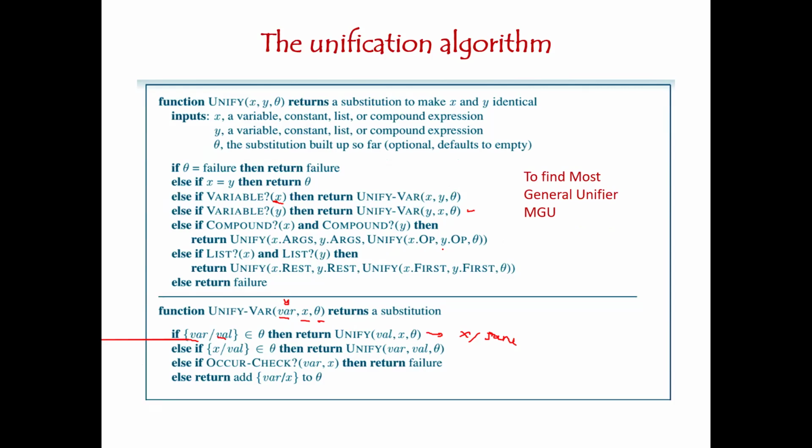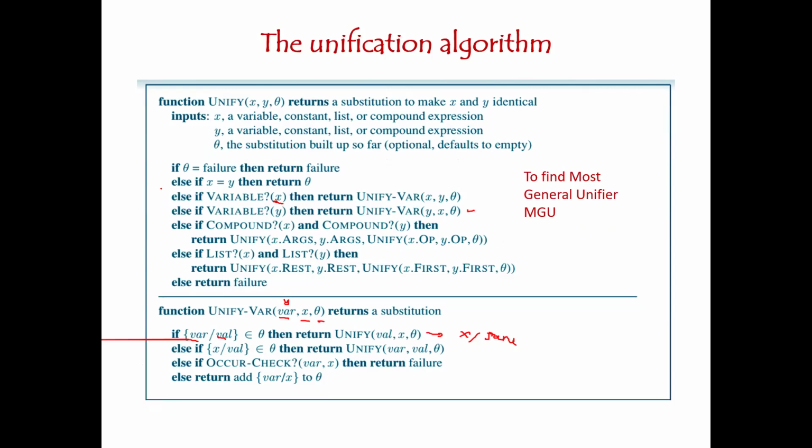While performing this operation, we take the first argument of x and the first argument of y, and then once again we call the unify algorithm. So that means the complex one we are trying to make a simple one.